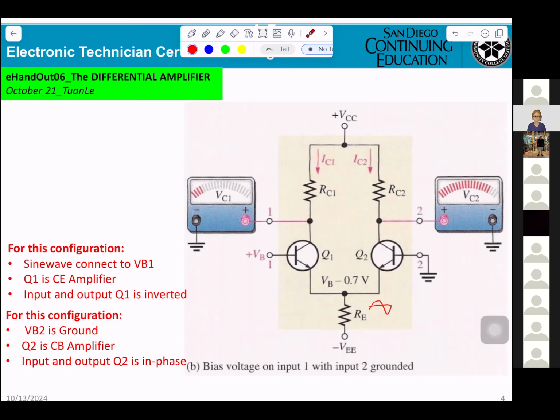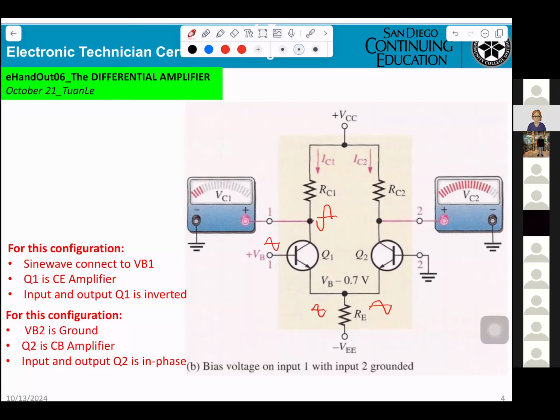So basically, when they apply the signal here, then you output here, you get amplified, inverted, and at the emitter here you still get the same signal.